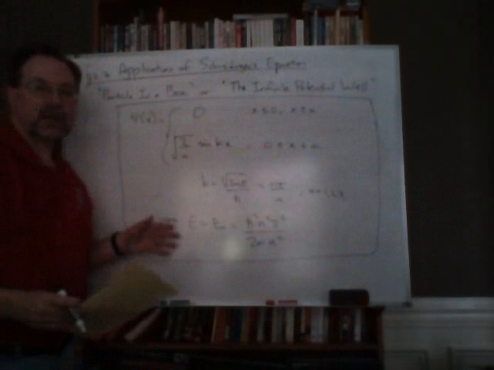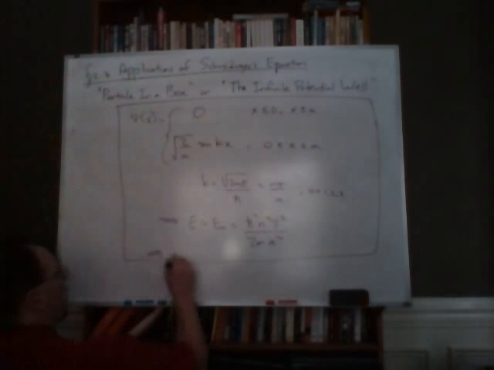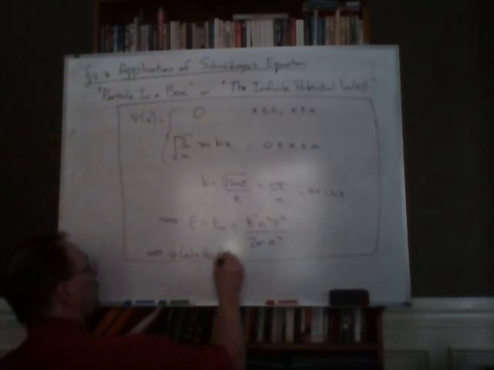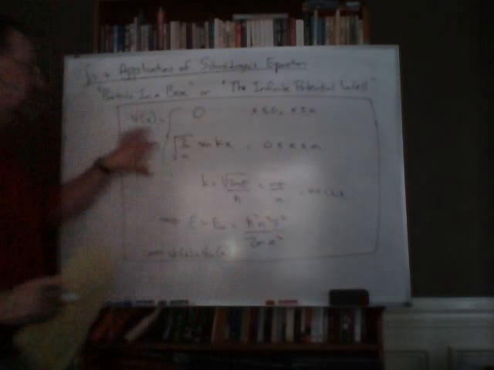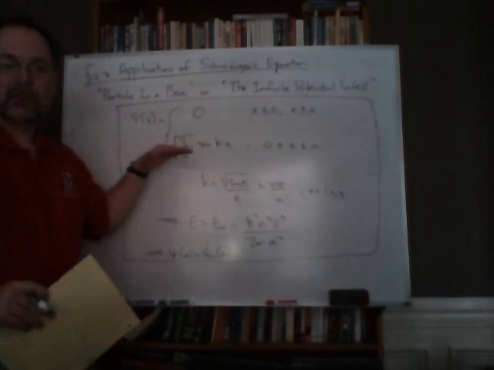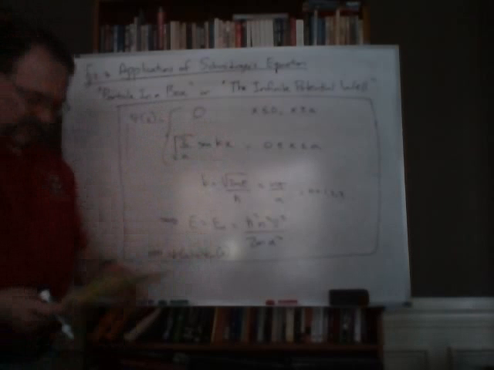We have quantized energy levels. This also means that there's only certain psi functions that work because n is quantized. So there's a psi 1 for the first energy level, psi 2, psi 3, and their corresponding E sub n.